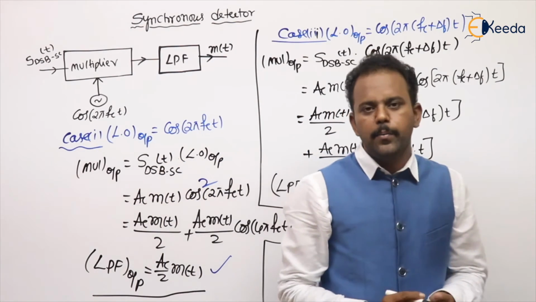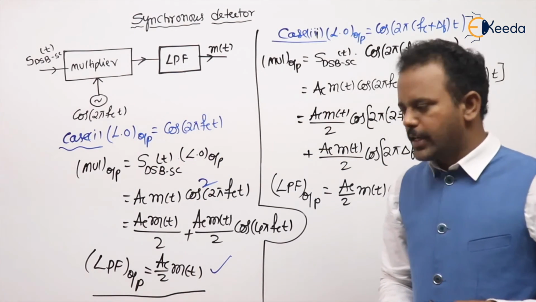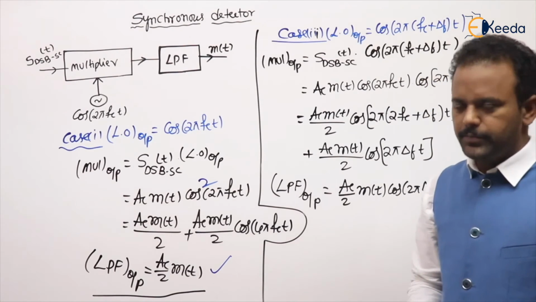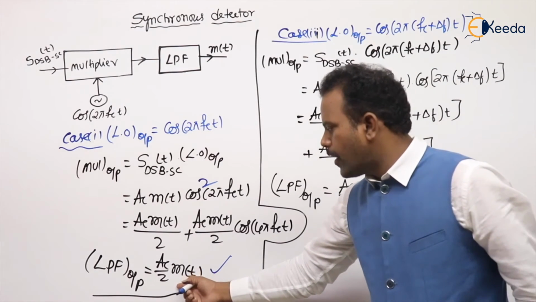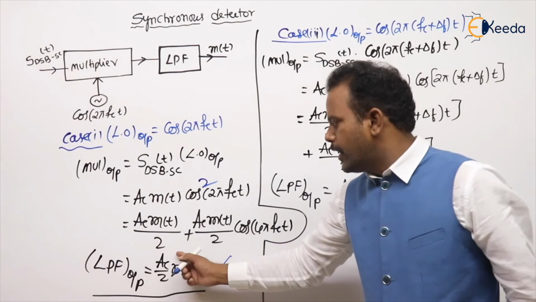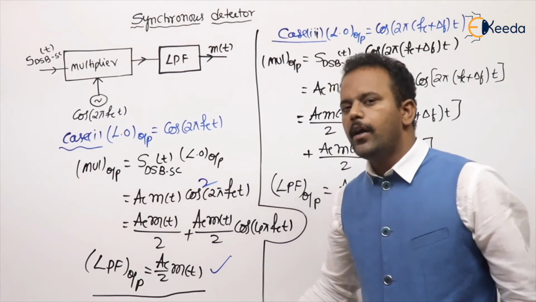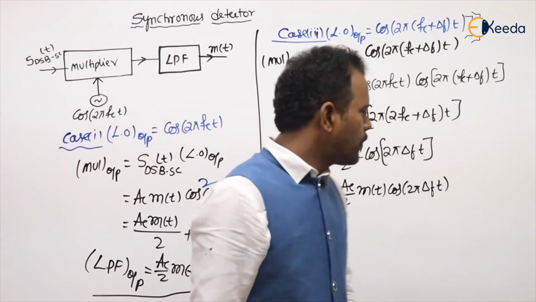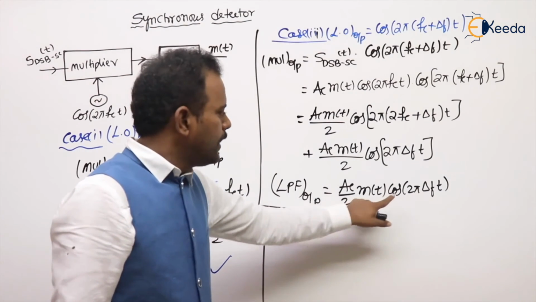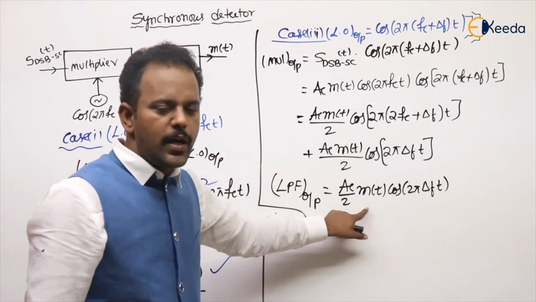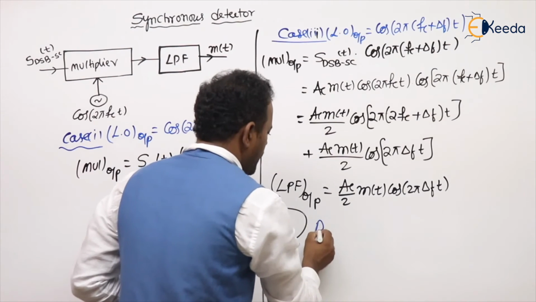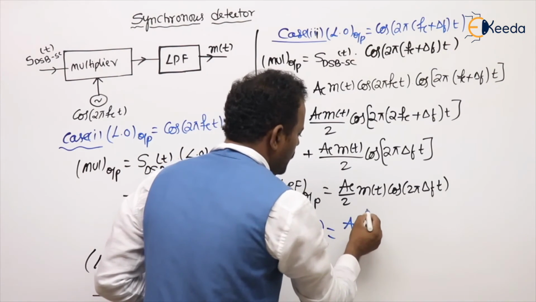Now whenever we are comparing the frequency difference case, try to take the power. How to calculate the power of this one? Simply square it: A_c² m²(t) by 2 square, which is 4. How to calculate the power of this one? Here a cos term is there, so RMS value whole square, I told. So power equals the RMS value squared. What is the RMS value?